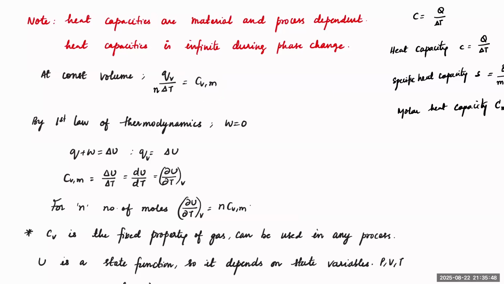Why CVM? Cm means molar heat capacity. And along with that, it is happening at constant volume, right? So that's why a new terminology is given, CVM. Okay. Heat capacity at constant volume, and it is molar heat capacity. So that will be called molar heat capacity.